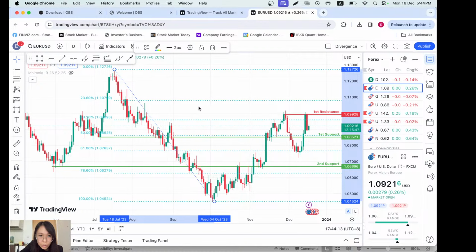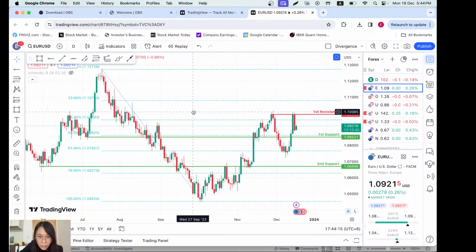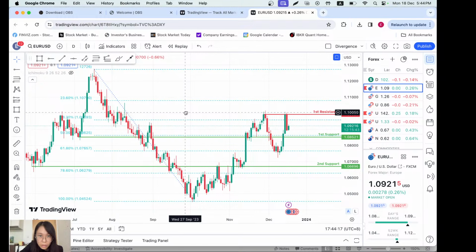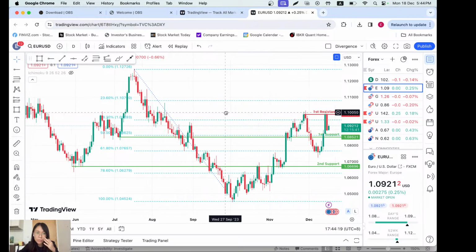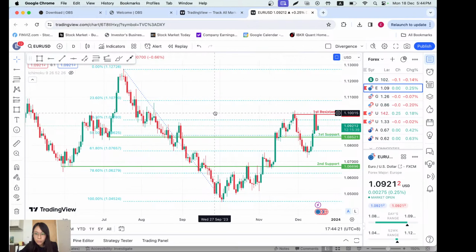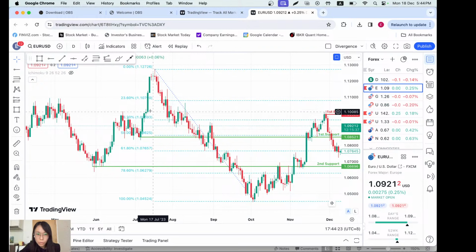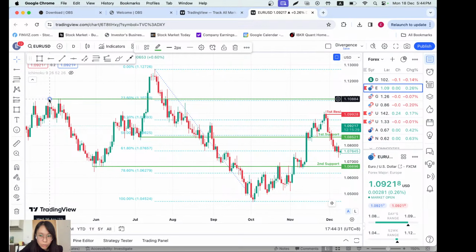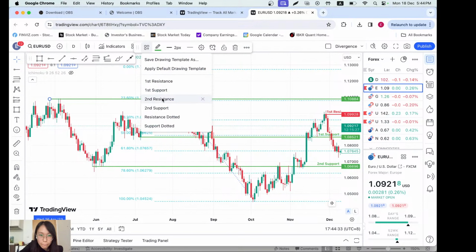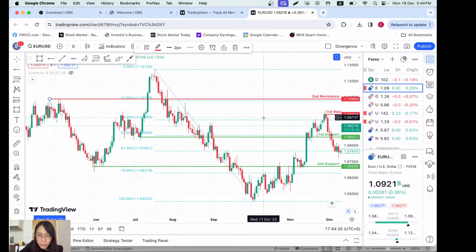Because there isn't a very suitable second resistance line, I can use the 23.6 as my second resistance. You can also connect to the wicks over here. So this is my second resistance.